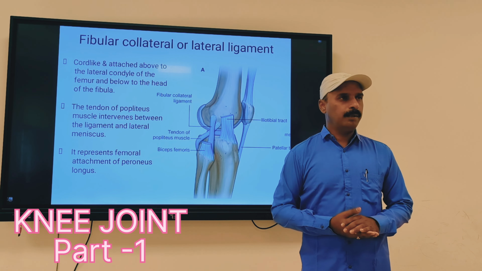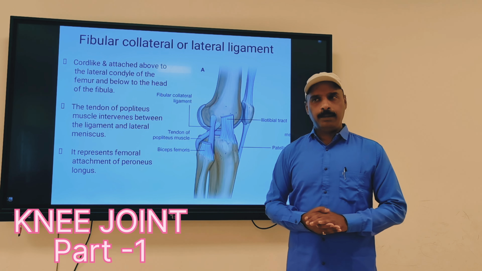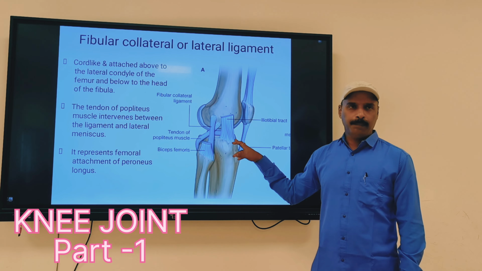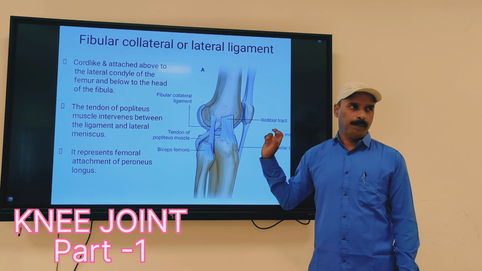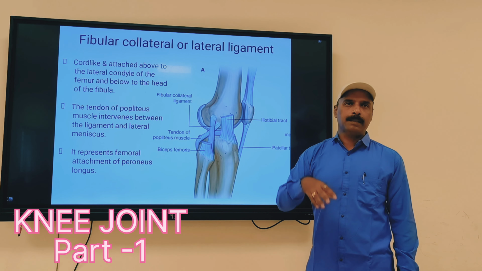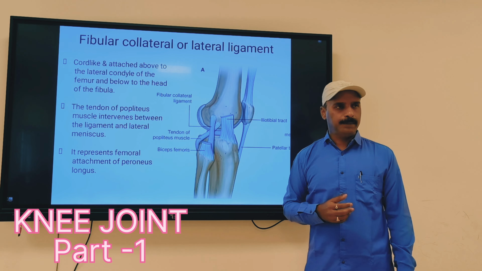Above, it is attached to the lateral epicondyle of the femur. Then it takes attachment below to the head of the fibula, and the head of the fibula is embraced by the tendon of the biceps femoris.